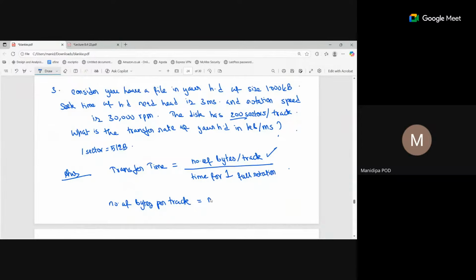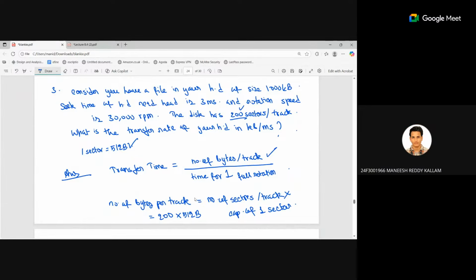That means number of sectors per track into capacity of one sector. So how many sectors per track? 200. Capacity of one sector is 512 bytes. So that many bytes per track. Is this clear?